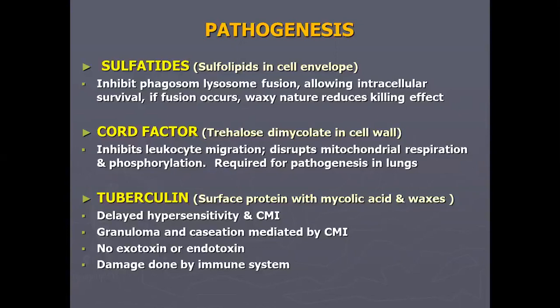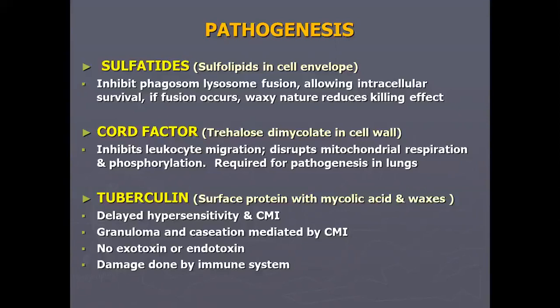But the sulfatides, along with the exported repetitive proteins, inhibit the phagosome lysosome fusion. Therefore, the action of the lysosome to kill or destroy the microorganism is inhibited, and the organism survives intracellularly.